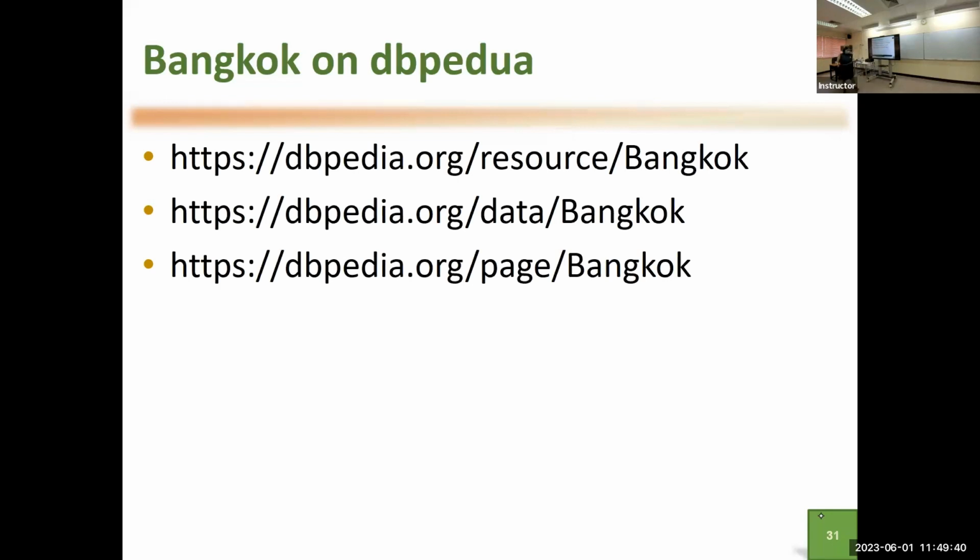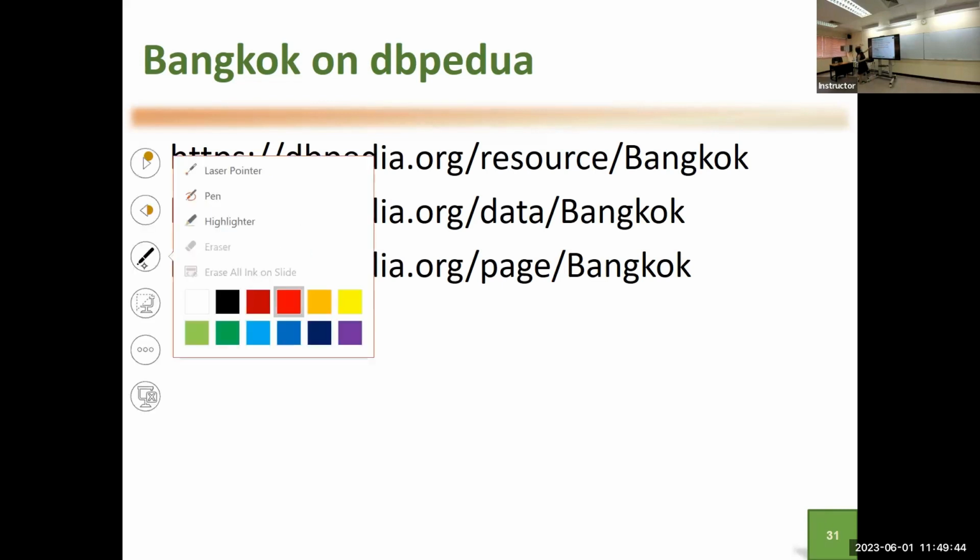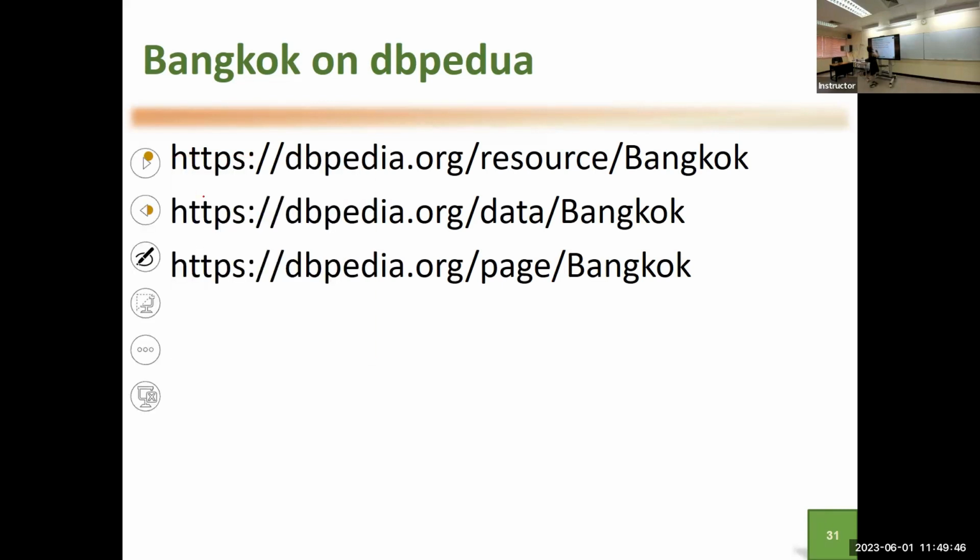What I want to explain here is that if we refer to the example of linked data on DBpedia that we discussed yesterday, when we talk about Bangkok, everyone knows Bangkok. Bangkok is a thing, of course.